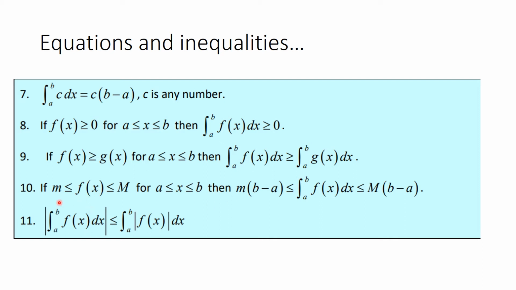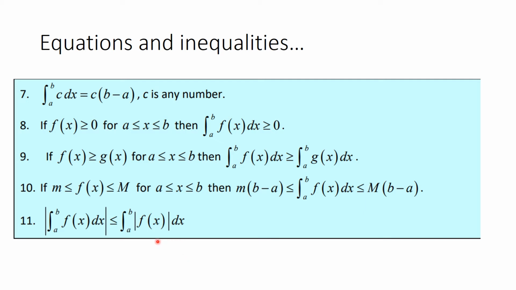If f of x is between two numbers, a min and a max perhaps, between a and b, then the integral from a to b of f of x dx is between this from part 1 and this from part 2. I guess this is 9 and 7. 9 and 7 we can use to conclude this.